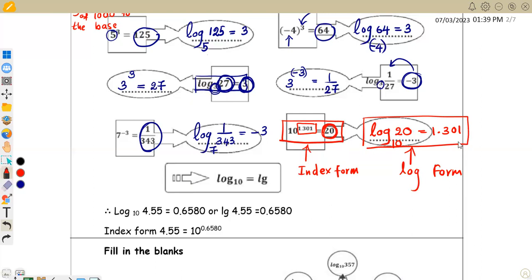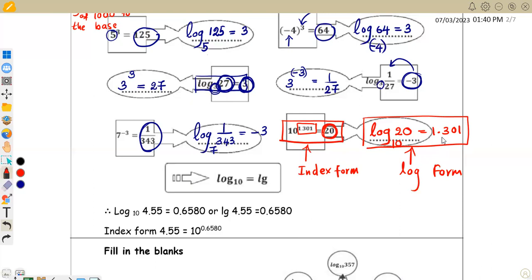That means you can identify that if you have found a particular log value to a particular base, it says that it is the index of the particular power when you write it to the given base. In this case, 1.301 is the index of the power 10 when you write 20 as a power of 10.